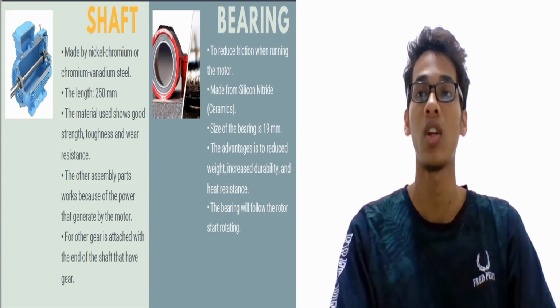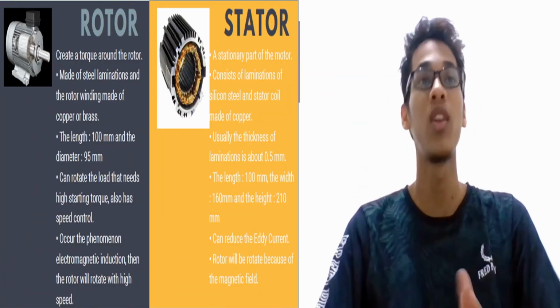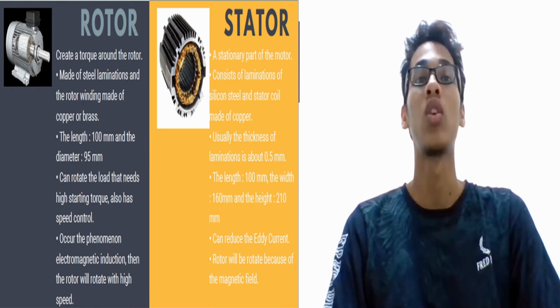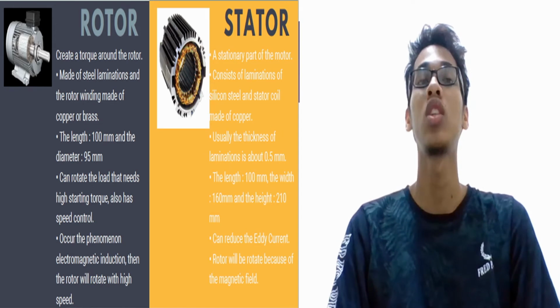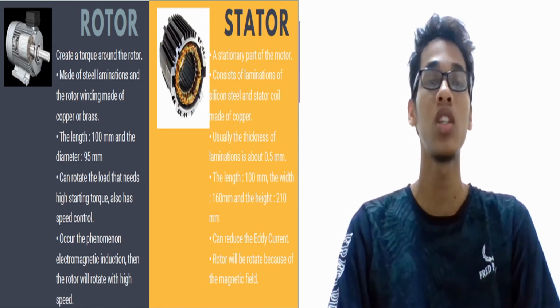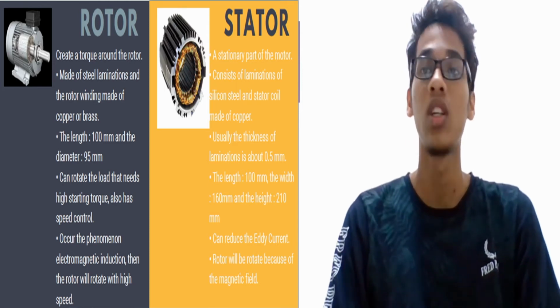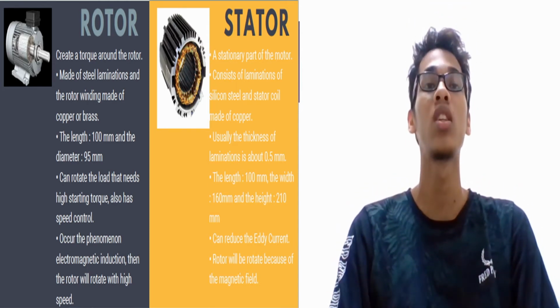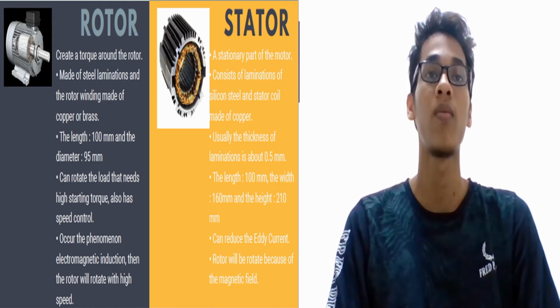So usually the bearing will distribute the energy equally to every part of the component, so it is more efficient. I will explain the third component of the unit part, which is the rotor. The rotor is used to create torque. The rotor is usually made of steel lamination, and the rotor winding is made of copper or brass. Its length is 100 mm and the diameter is 95 mm.